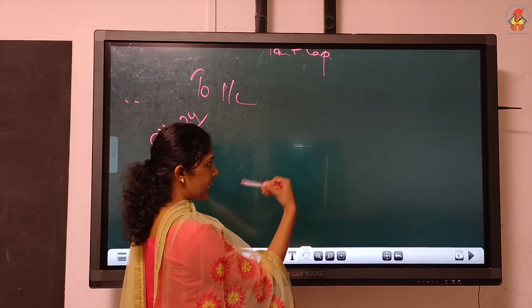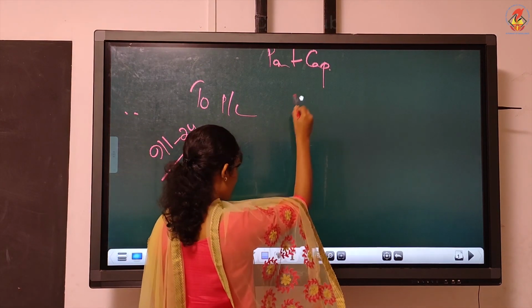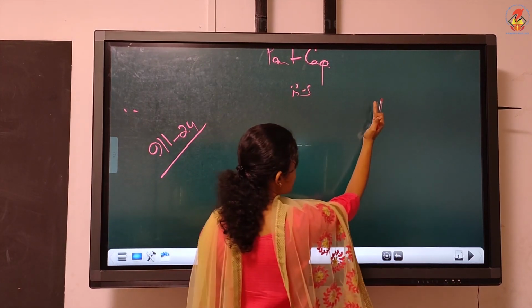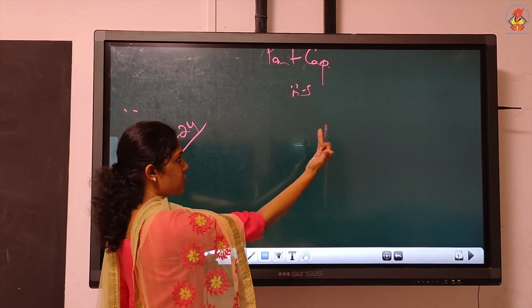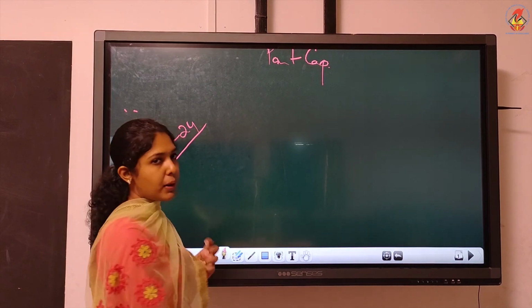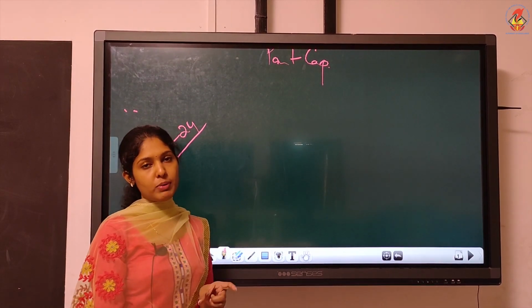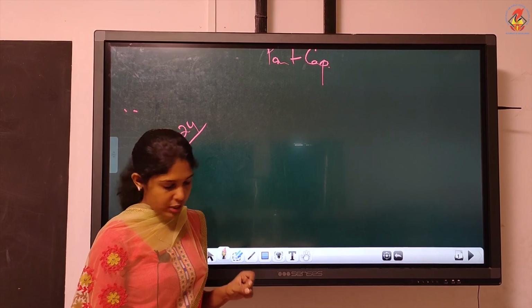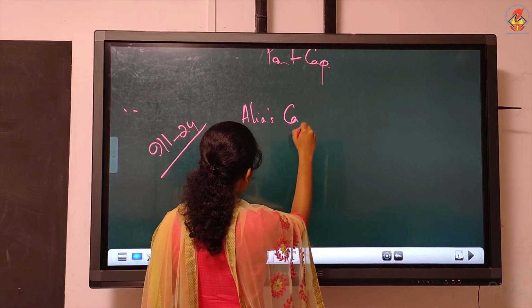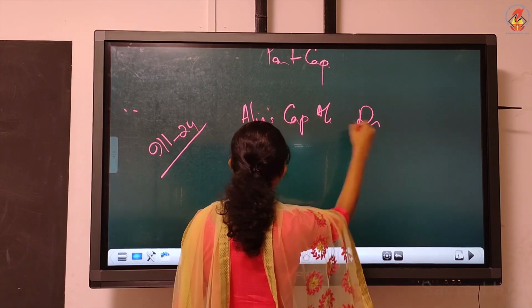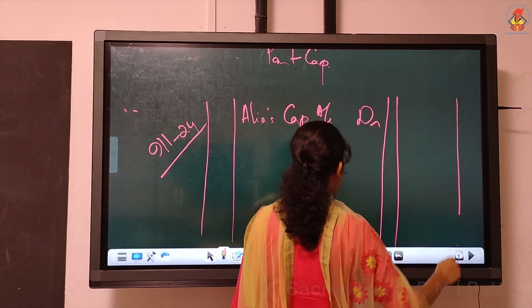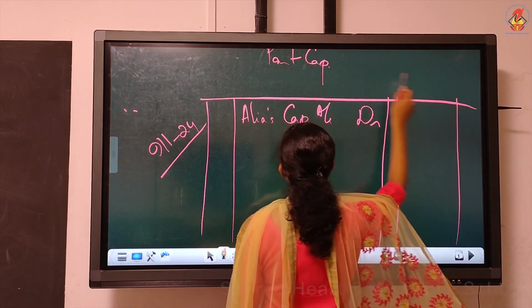For goodwill appearing in the books, that means in the balance sheet. Balance sheet, which side can you find goodwill? On the asset side you can find goodwill, and that will be transferred to the debit side. So now the journal entry will be old partners' capital debtor to goodwill. That 60,000 we will divide. And old partners here, Alia's capital account debtor. Draw the format: date, particulars, LF, debit, credit. You give the column headings also.